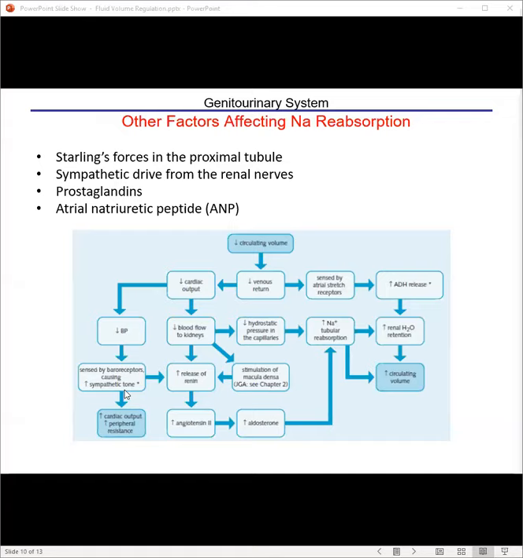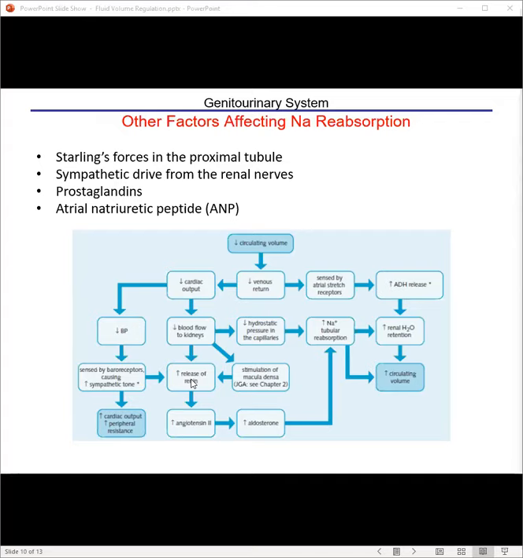So magkakaroon ng sympathetic nerve stimulation. So a rise in sympathetic nerve activity to the kidney will stimulate the release of renin. Ito na yun. Pag nagkaroon ng increased sympathetic tone in the blood vessels of your kidney, then they will release renin either directly or as a result of renal vasoconstriction.